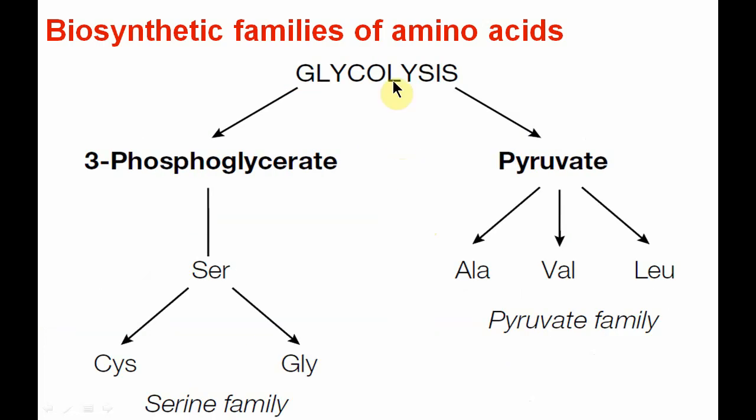Next is the glycolytic pathway, in which the intermediate is 3-phosphoglycerate, which helps to form serine, and serine further synthesizes cysteine and glycine. So all three are the serine family. Next is pyruvate, an intermediate of the glycolytic pathway, which forms alanine, valine and leucine. So they are under the pyruvate family.